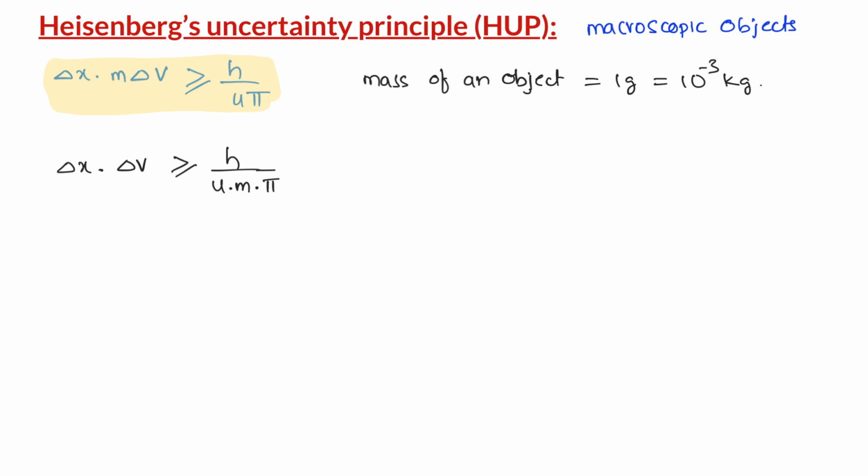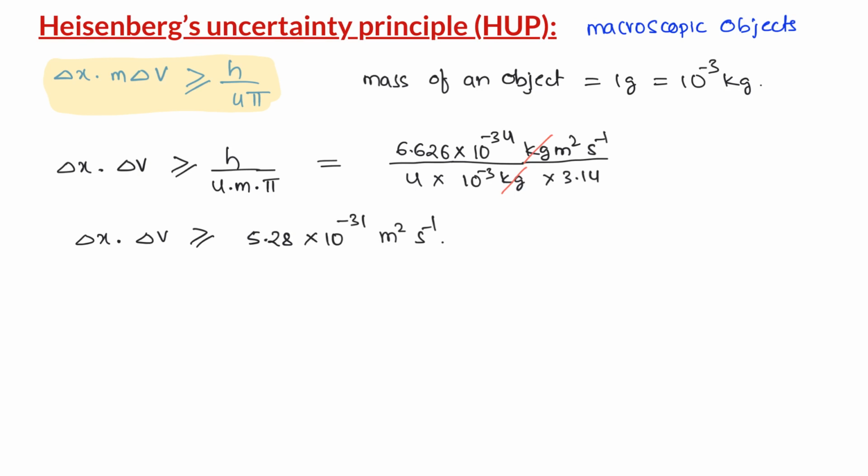Plugging in all the values, we get 6.626 times 10 to the negative 34 kg meter square per second divided by 4 times mass, which is 1 times 10 to the negative 3 kg times 3.14. If we do the math, we get the following.